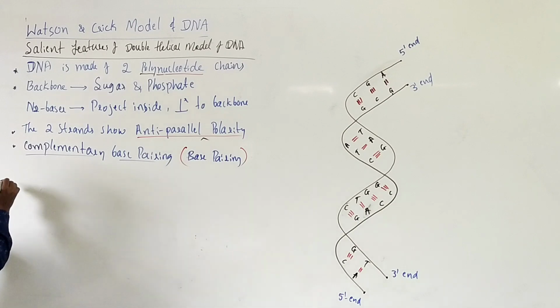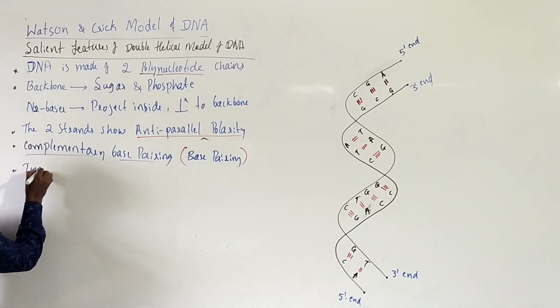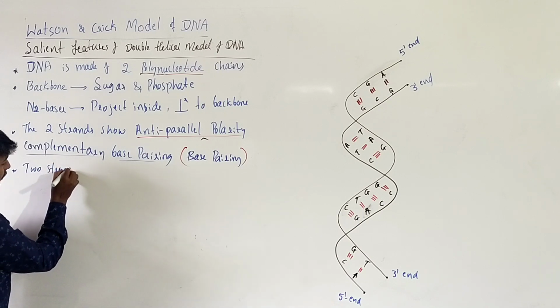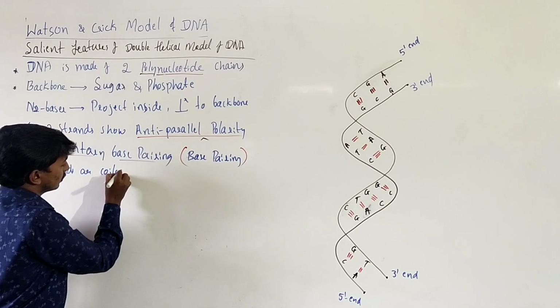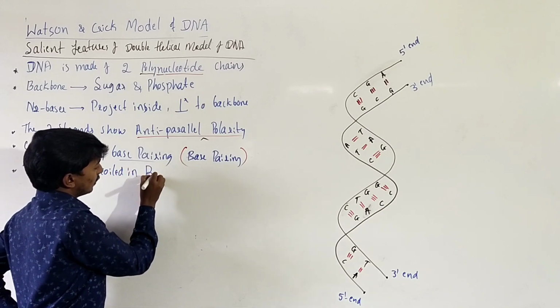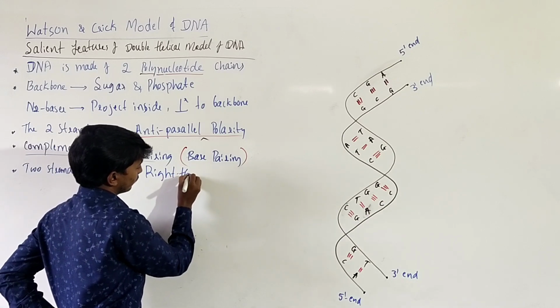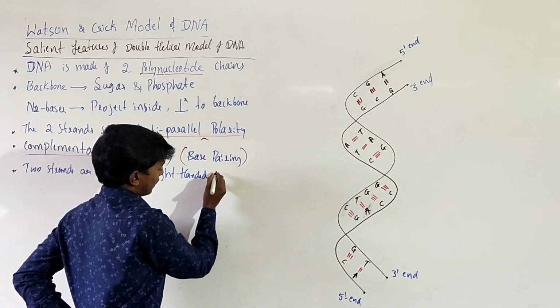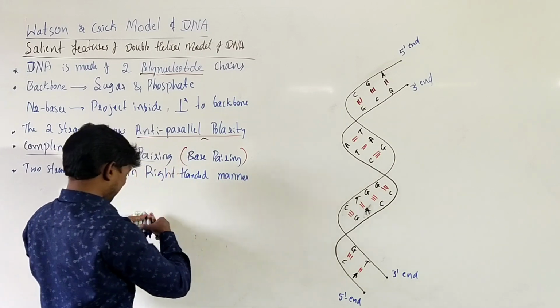Next, a very important point: the 2 strands are coiled in a right-handed manner.